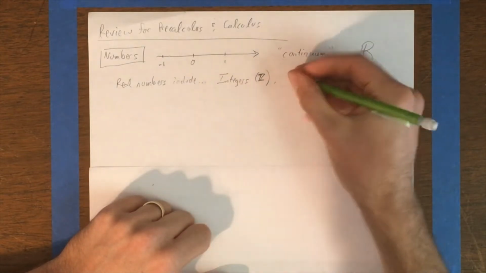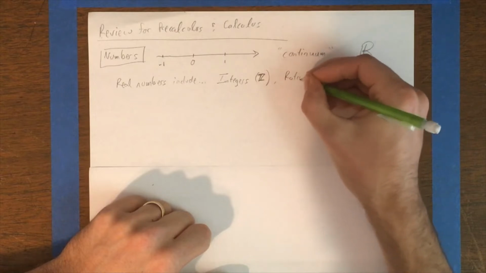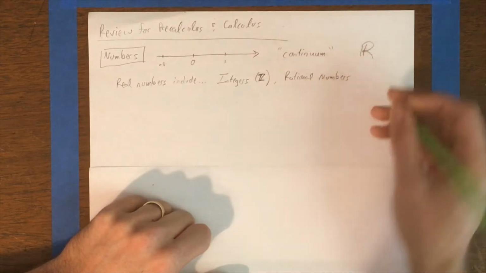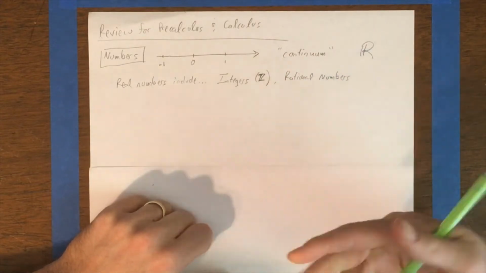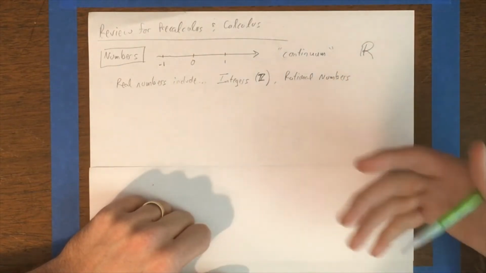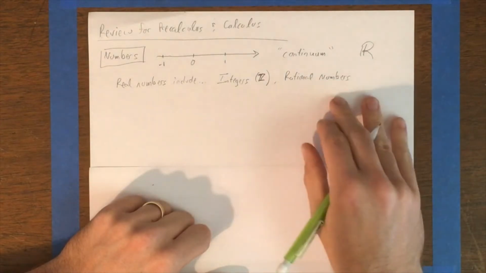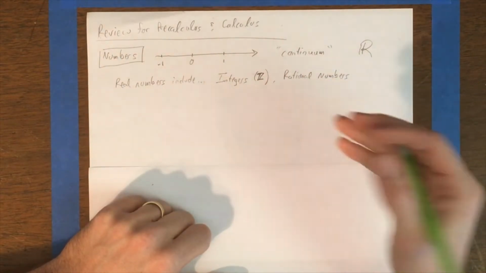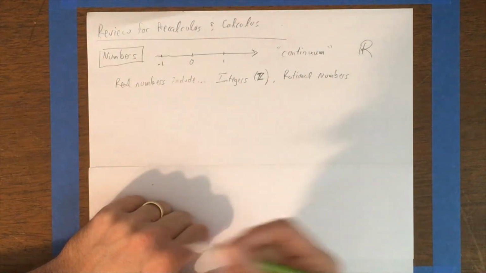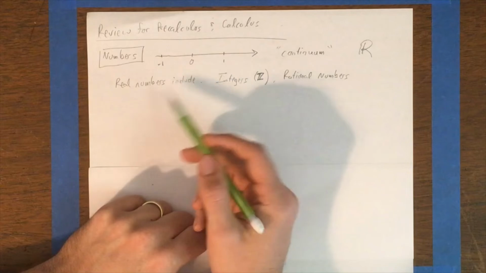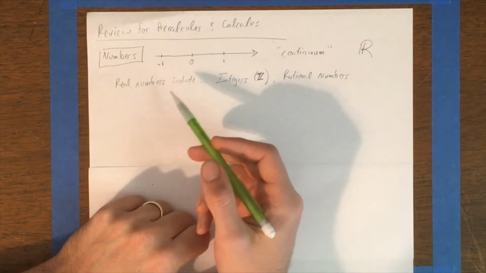But we also have rational numbers. The word rational comes from the word ratio, which has to do with fractions. A fraction is a ratio of two numbers. So rational numbers are the set of all fractions of integers. That includes all the integers themselves, because you can always take an integer divided by 1, and that equals itself.